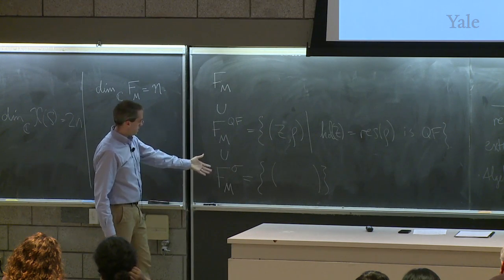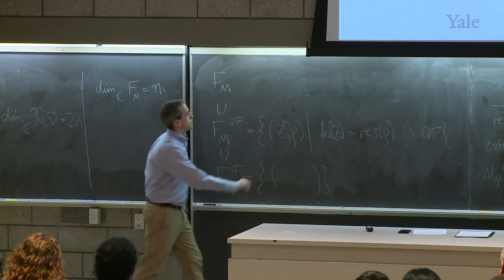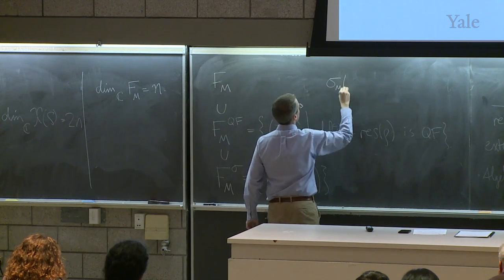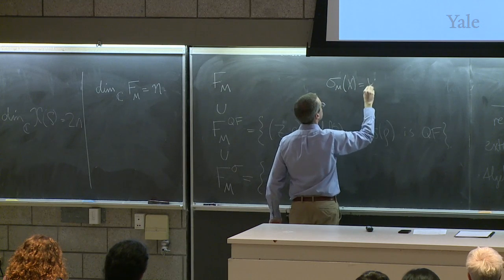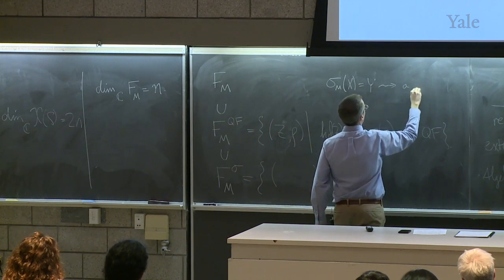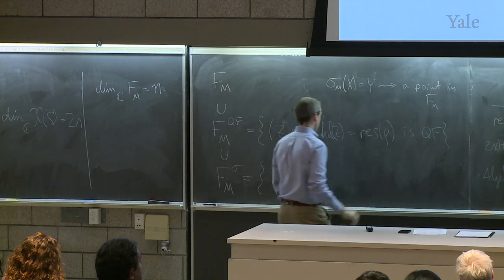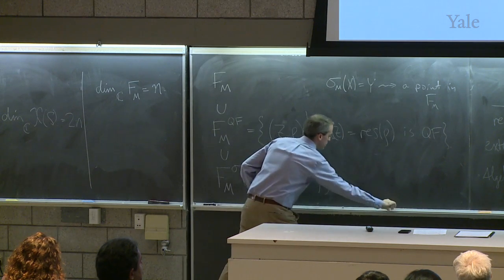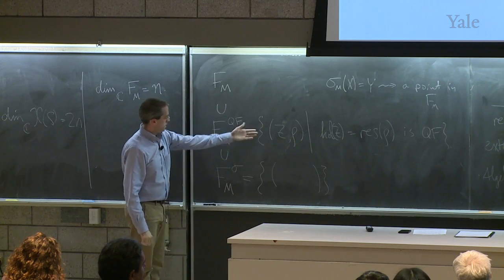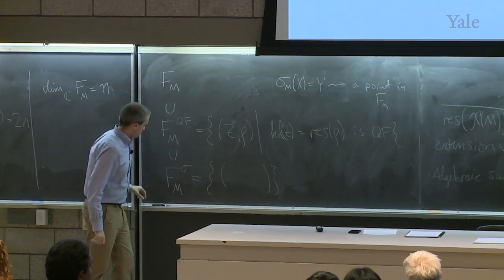And how do we do that? So associated to the statement that sigma m of x is equal to y, this determines a point in the fiber product. Namely, well, we need a projective structure.